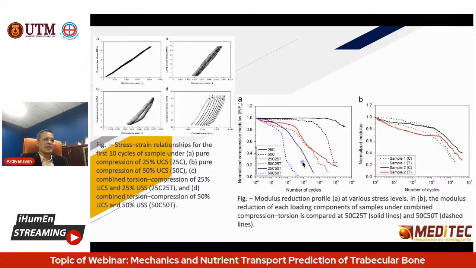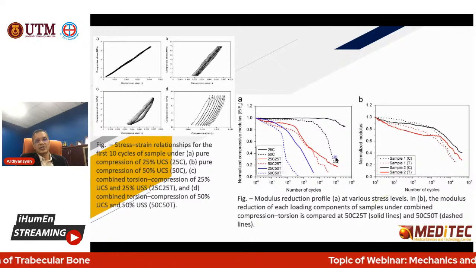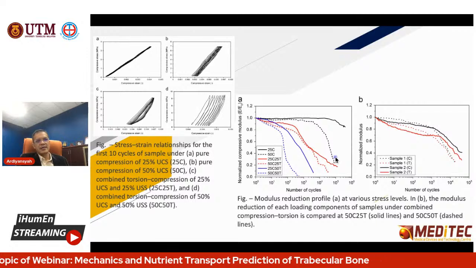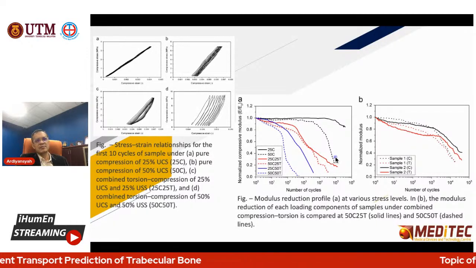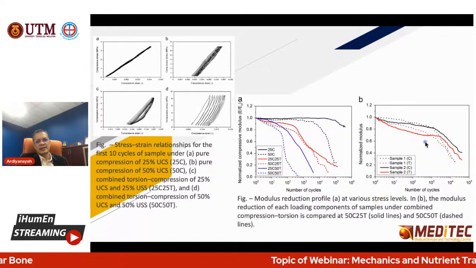So this means cancellous bone does not handle torsional load well. That's why with sportsmen, they say if they do something extreme, a crack in the bone is more possible compared with normal movement.